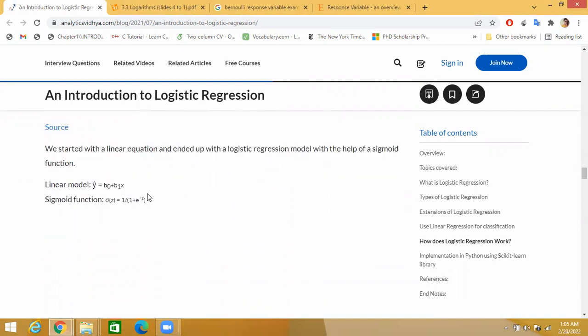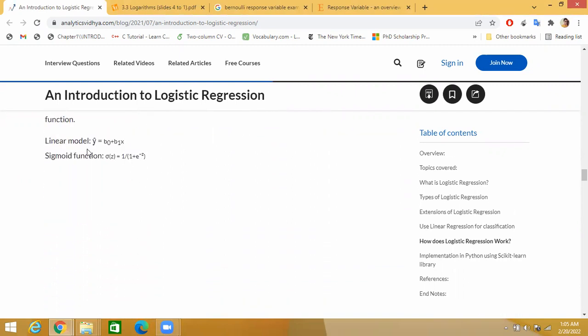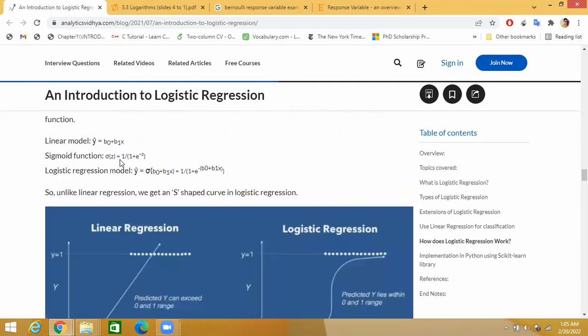So now you can see here, let's say we have this linear model, y is equal to beta naught plus b1 x, and we have the sigmoid function, this 1 by 1 plus e to the power minus x.